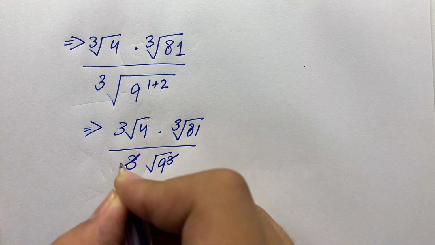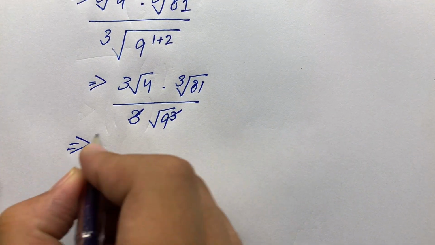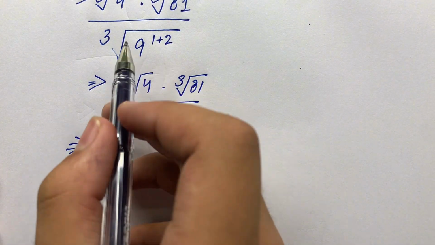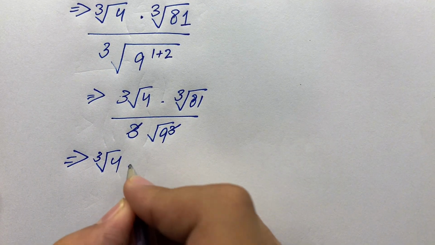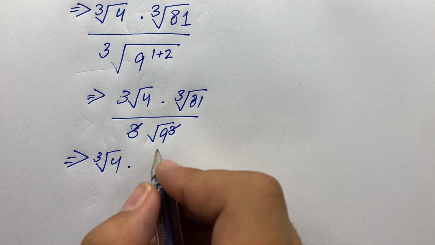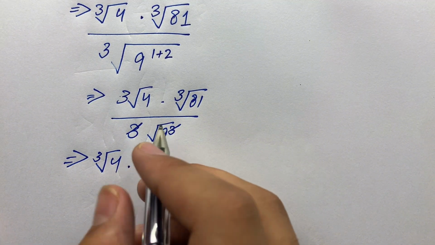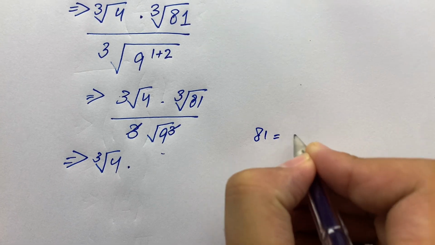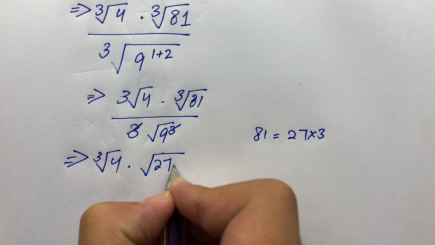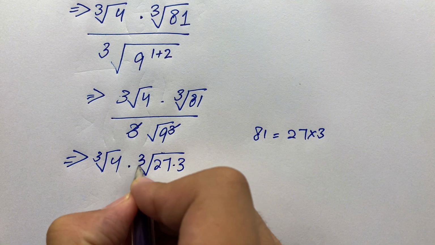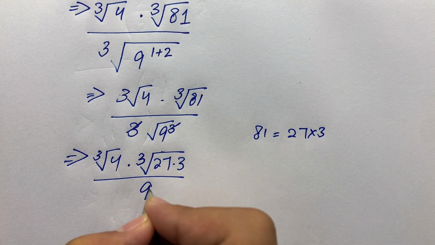This 3 cut by this remain 9. So in next step, this 4 into 3 into 81. As we know that 81 is equal to 27 multiplied by 3, and 27 multiplied by 3 into 3 divided by 9.